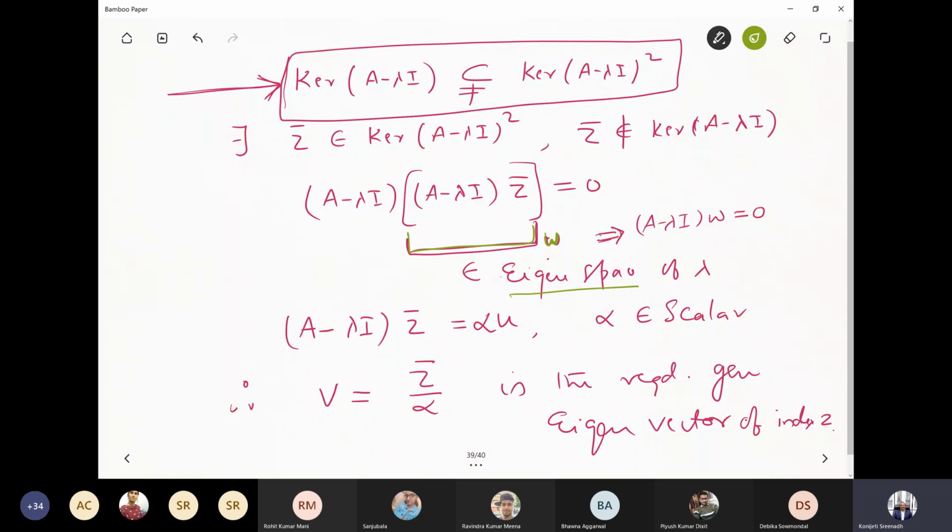It is nothing but alpha times u, where u is the eigenvector and alpha is a scalar. So it is in the eigenspace means alpha u. Is this clear?